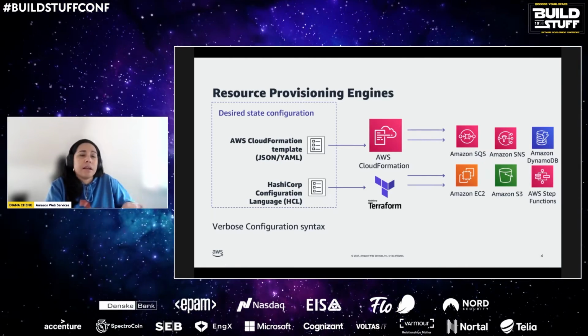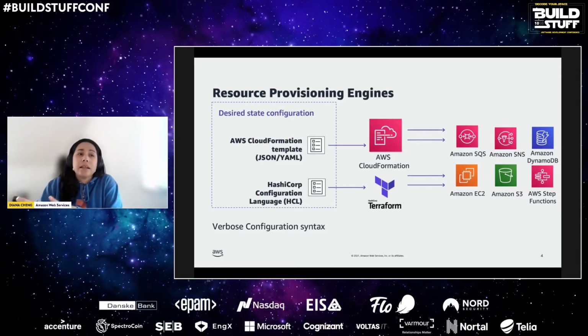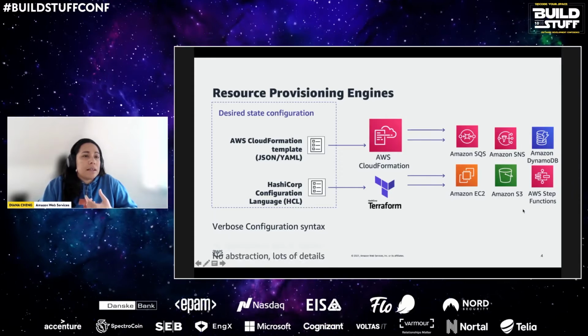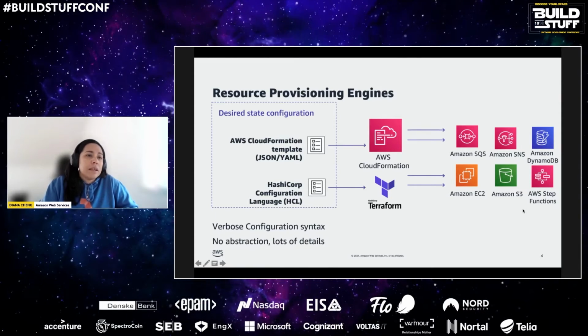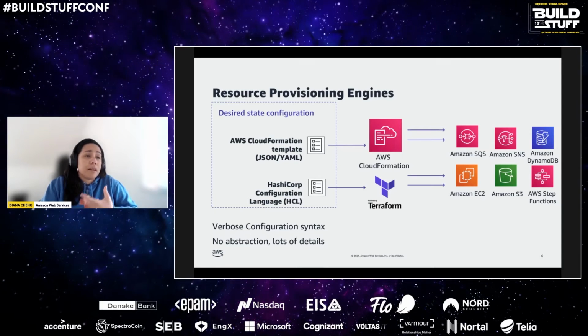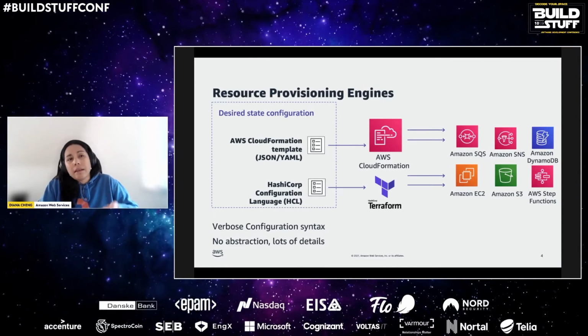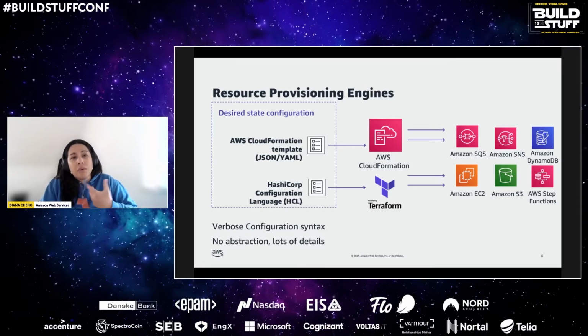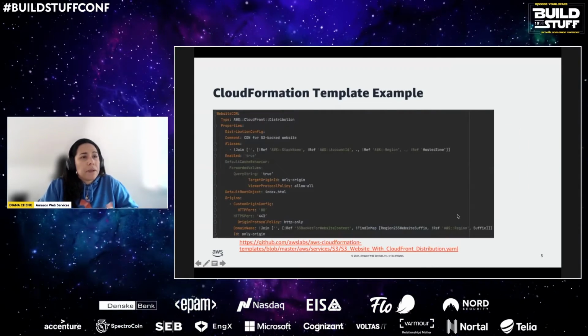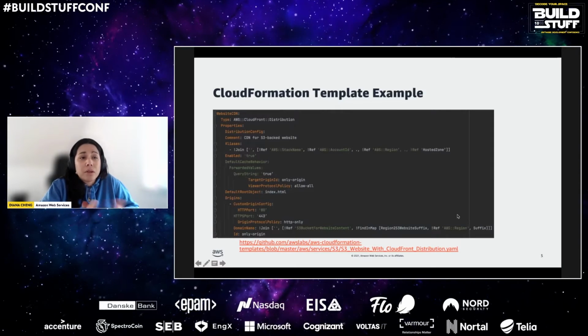We can't really take an abstraction and instantiate it again and use it somewhere else. So that is not very convenient. And also these templates force us to provide every single detail about the infrastructure that we want to provision. So it really can be a little bit cumbersome depending on what you're developing.